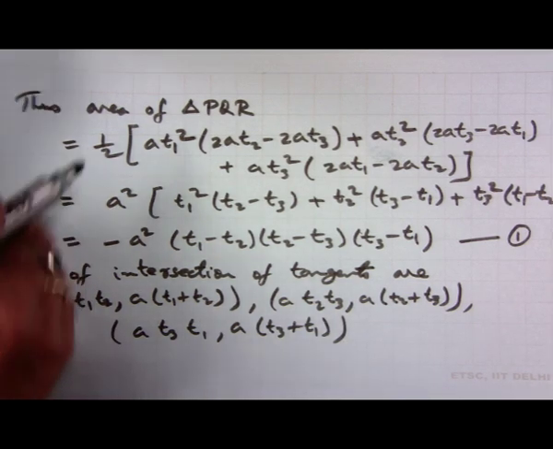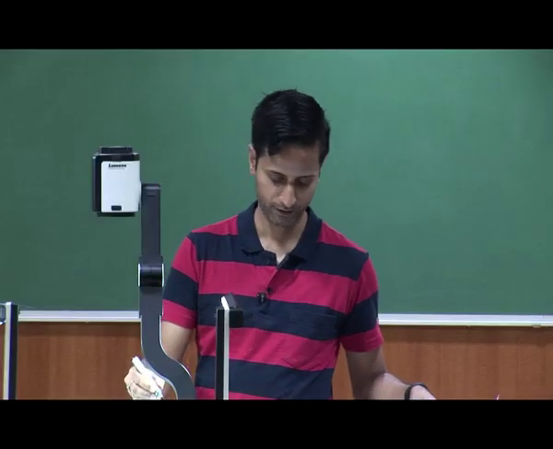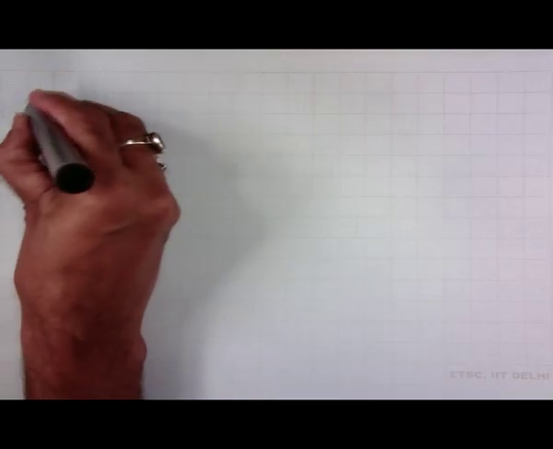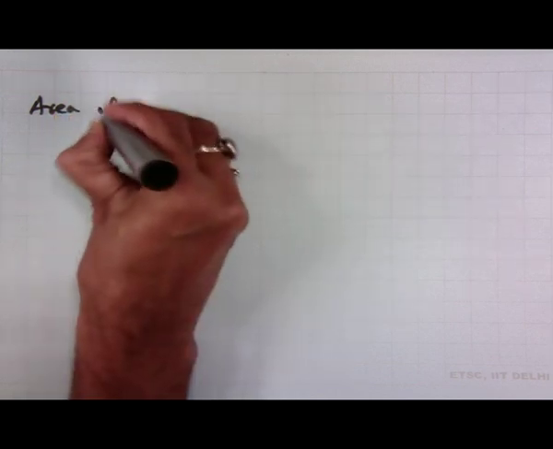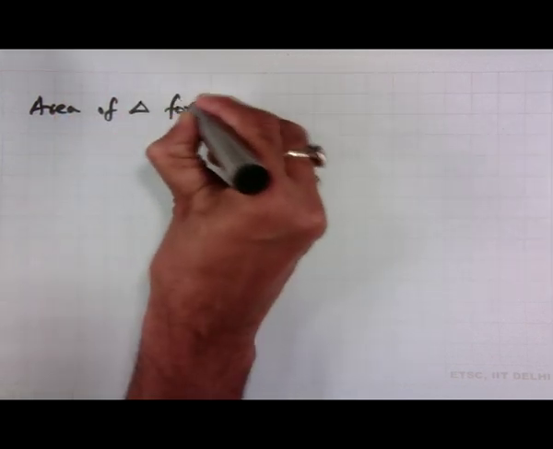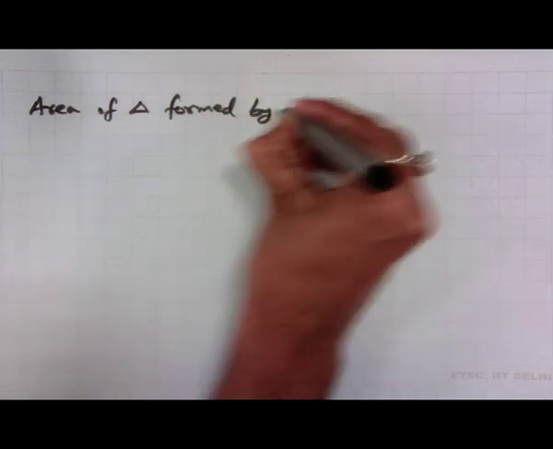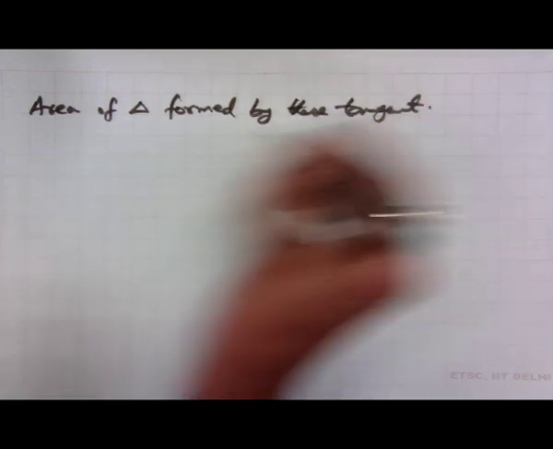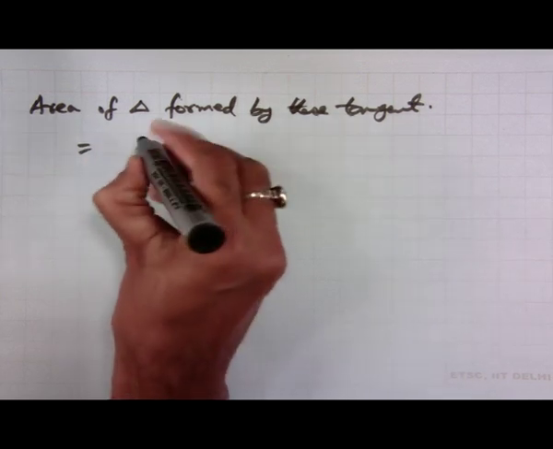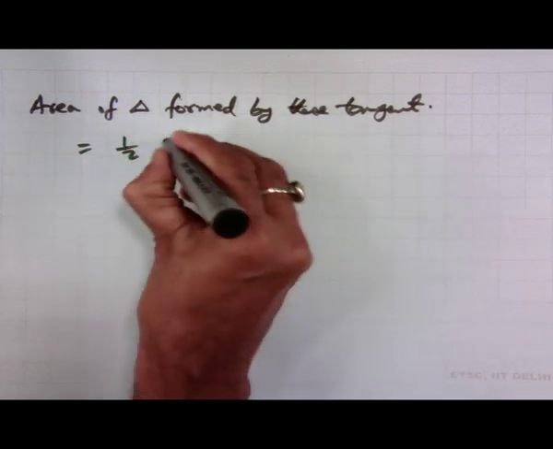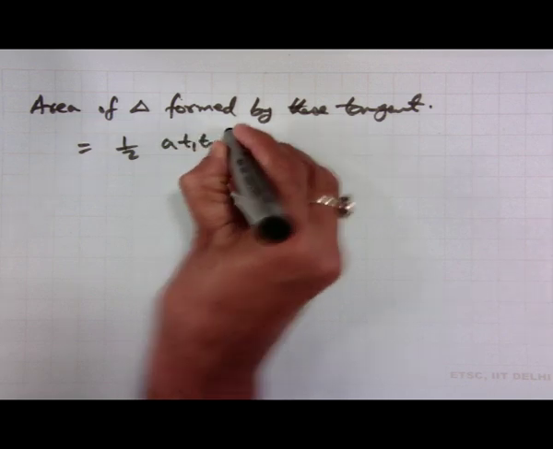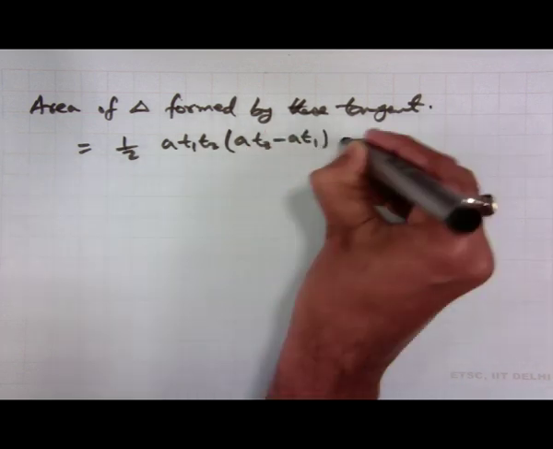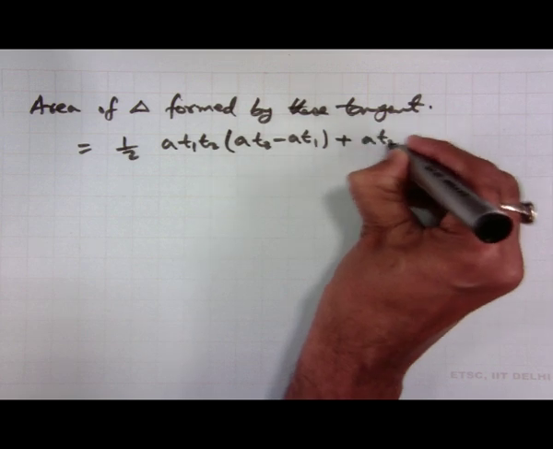And using the formula for the area, we can see that the area of the triangle formed by these tangents is equal to half of a t 1 t 2, a t 2 minus a t 1 plus a t 2 t 3.